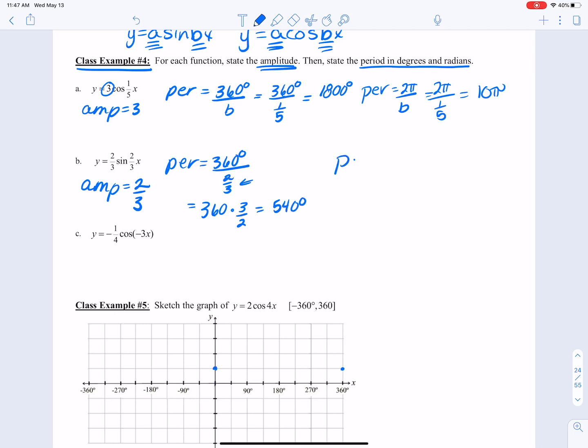And then my period in radians is 2 pi divided by 2/3, which is 2 pi times 3/2, which, if my math is correct, gives me 3 pi.